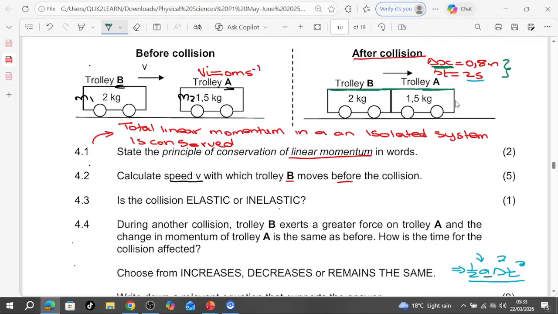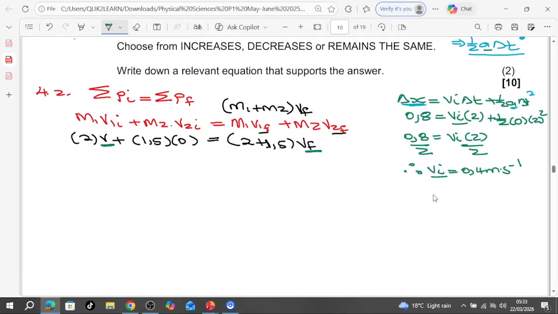This is the velocity that the two objects will move together with. So I can conclude and say, therefore my v final is equal to 0.4 meters per second.